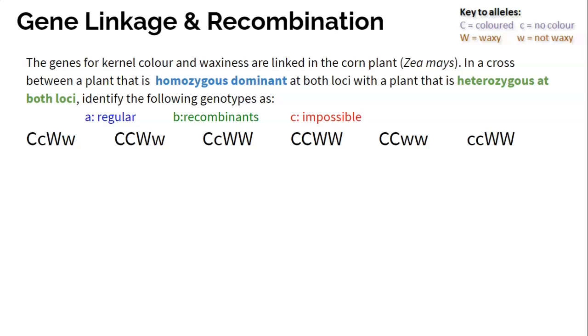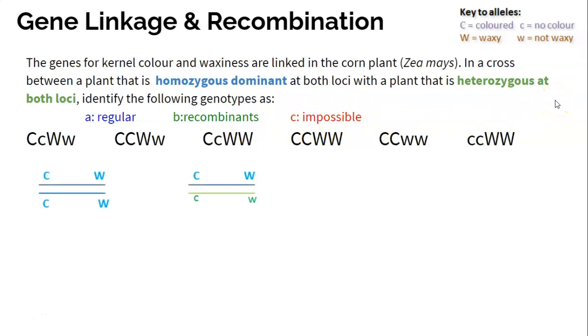So the genes for kernel color and waxiness are linked in the corn plant, and in a cross between a plant that is homozygous dominant at both loci and a plant that is heterozygous at both, we want to see which of these genotypes are going to end up being your regular ones, your recombinants, or actually impossible to show up.